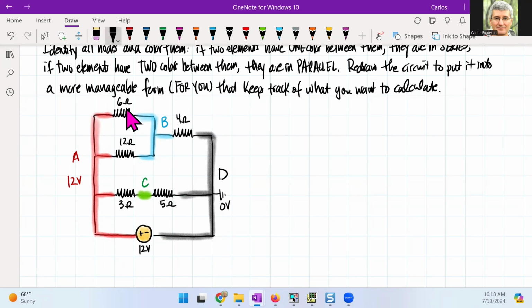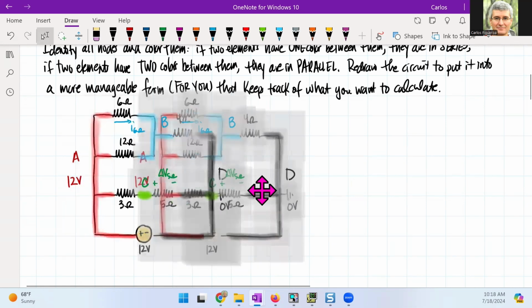What am I trying to calculate? The current of the 6 ohm resistor, and the voltage of the 5 ohm resistor. I'm going to try to keep track of these to the best of my ability.